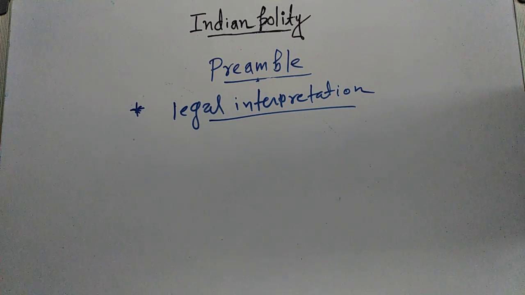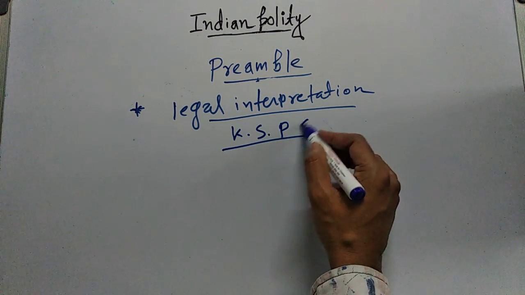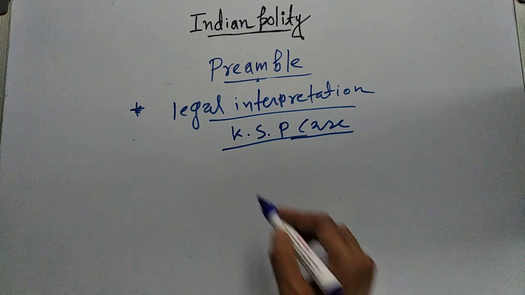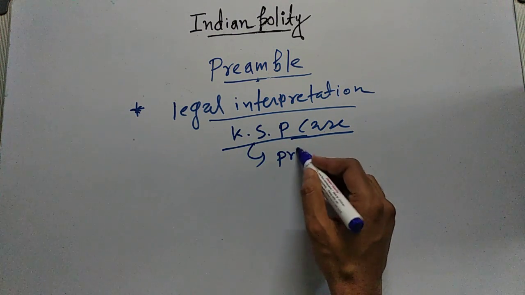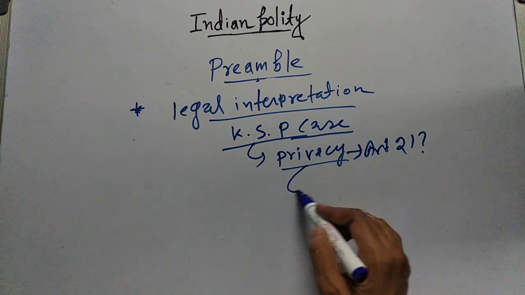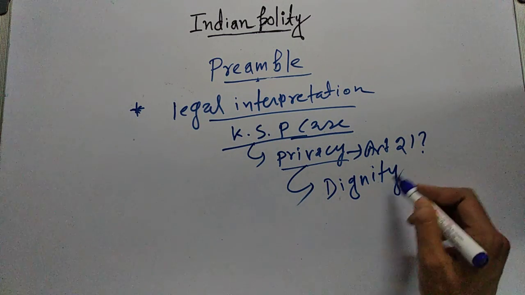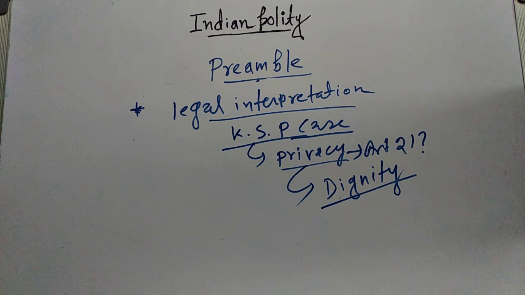I will give you one example, it will be clear to you. In the famous K.S. Puttaswamy case, that is the right to privacy case, the Supreme Court was asked whether the right to privacy was part of Article 21 or not. The Supreme Court looked at the preamble and noted that there is one word written in the preamble, that is dignity. Now you tell me, if you want to provide dignity to the individual of the country, then you have to provide them with the right to privacy, because privacy is extremely important in order to provide dignity to the individual.